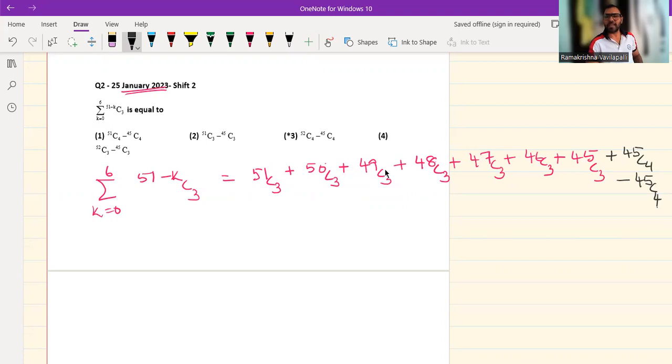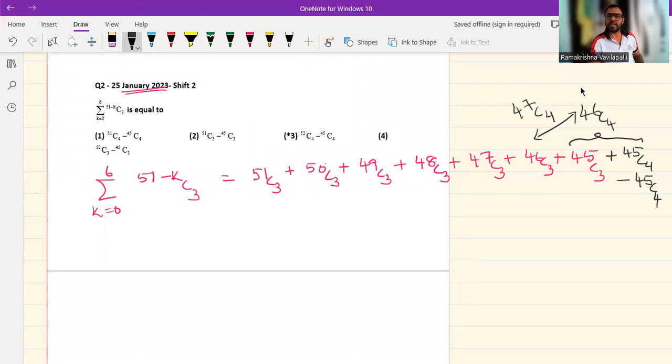Now we can apply the formula. The sum of these two is nothing but 46C4, and adding these two is nothing but 47C4.